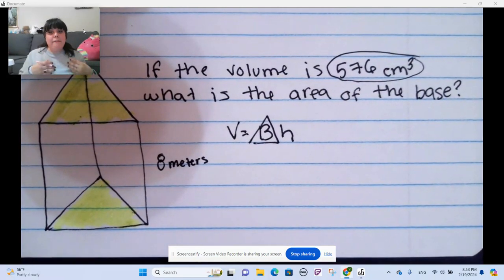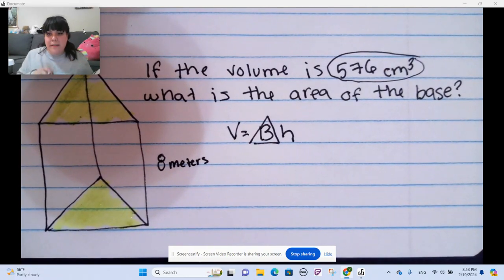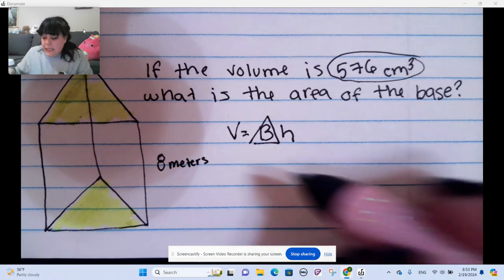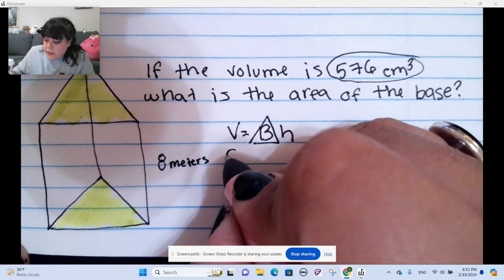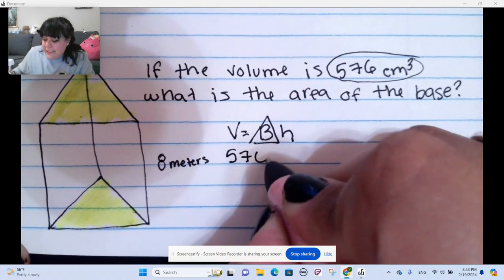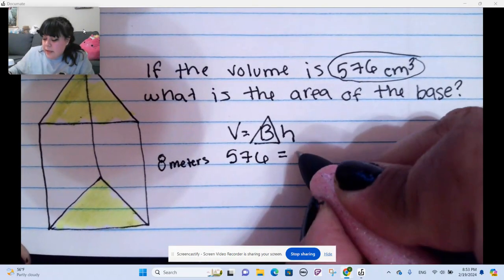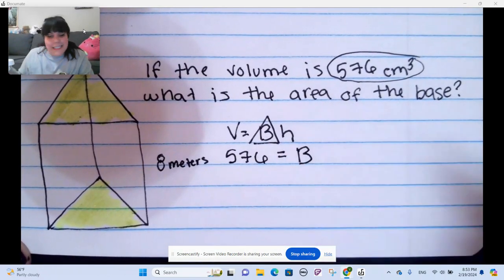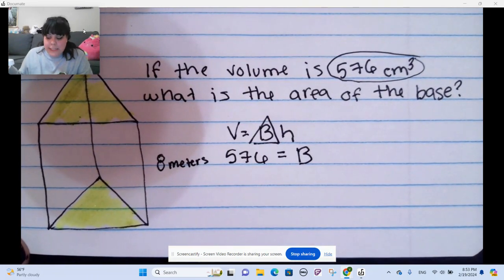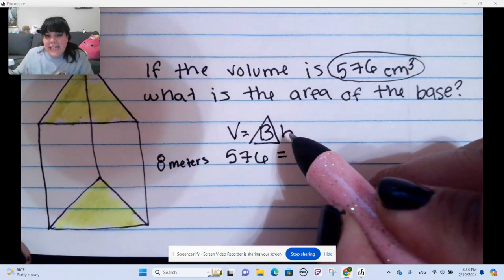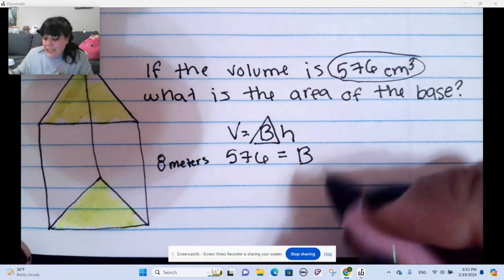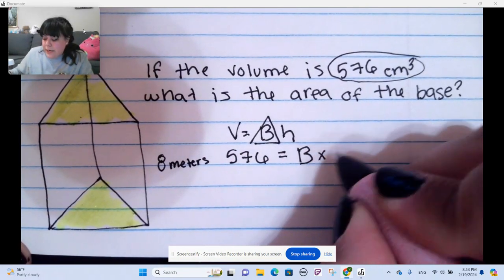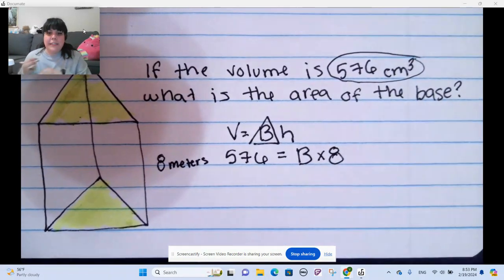So if I know my volume, where do you think I'm going to substitute that 576? Well, I'm going to put it here for V because that's my volume. So I'm going to put 576 equals the area of my base, because I don't know that. That's what I'm trying to figure out. But I do know what the height of the prism is, right? So the height is this 8. So I know I'm going to multiply that by 8.